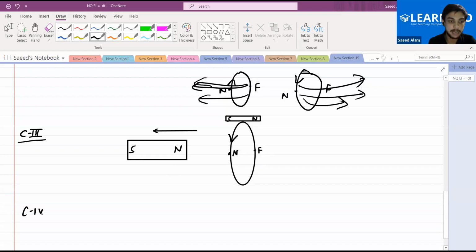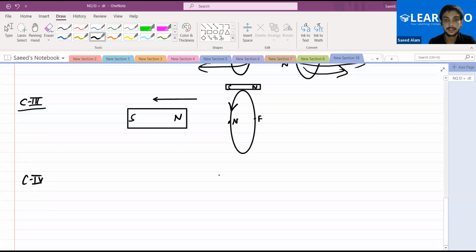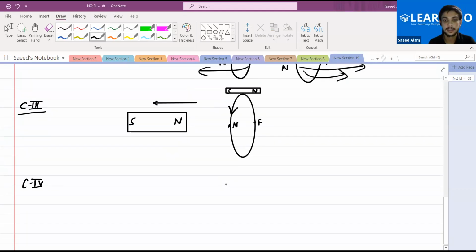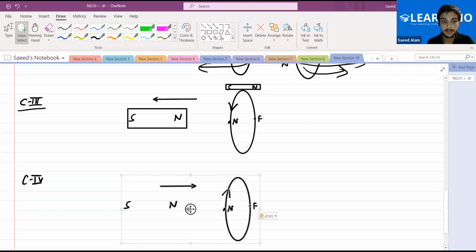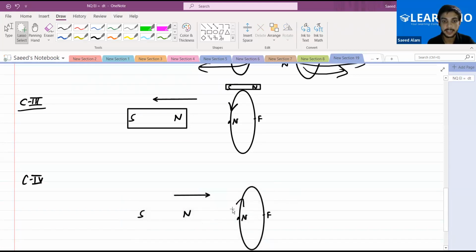Suppose in case 4, let's say I'm taking this case, and let me remove this arrow also.